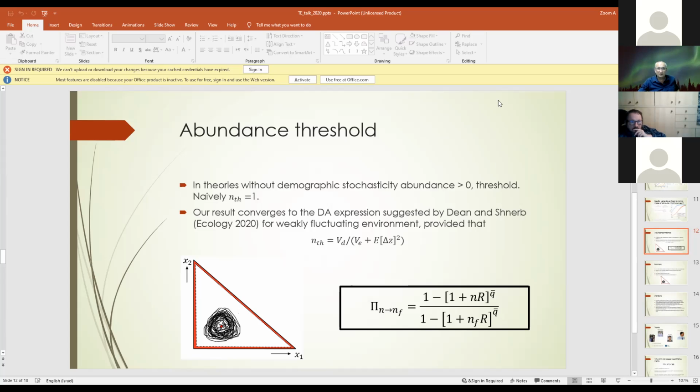Although Kimura uses the diffusion approximation, and I told you that the diffusion approximation is very limited, in a fixed environment the diffusion approximation works perfectly. I have a few statements about that, but I cannot explain it.